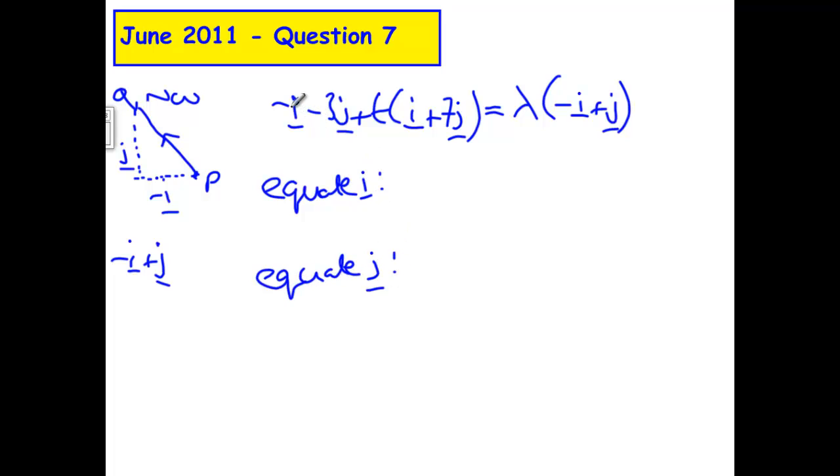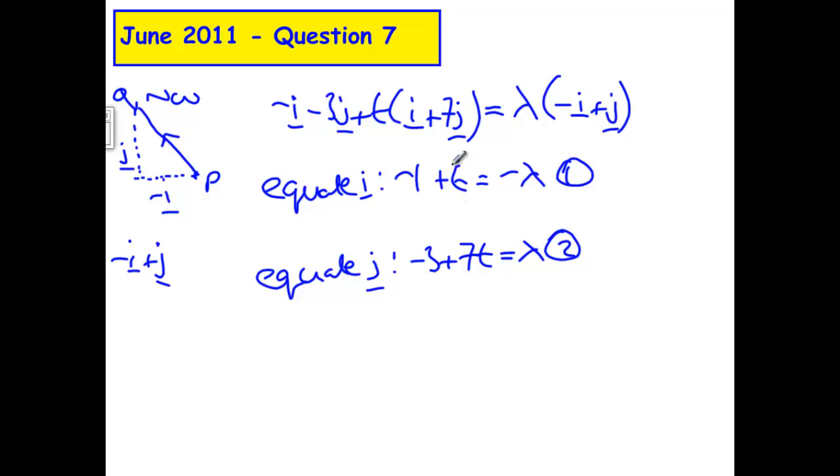So equating the i component, I have minus 1 plus t equals minus lambda. And then equating the j component, I have minus 3 plus 7t, because that's plus 7tj. That must be equal to plus lambda. So I'm going to label these two simultaneous equations 1 and 2.